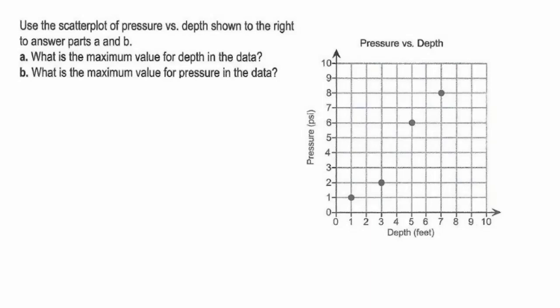Because once you understand it, life's nice. It says, use the scatter plot of pressure versus depth shown to the right to answer questions A and B. Okay. Now, it is saying, what is the maximum value?